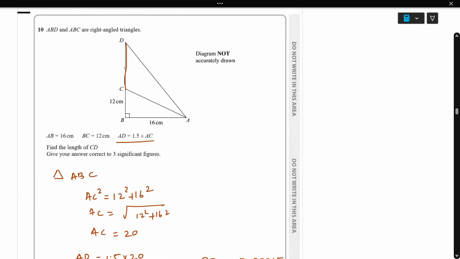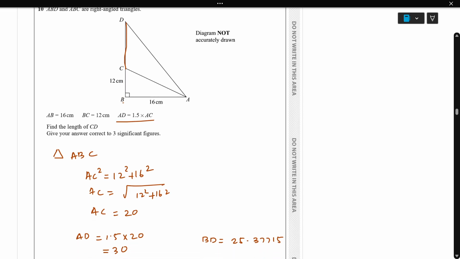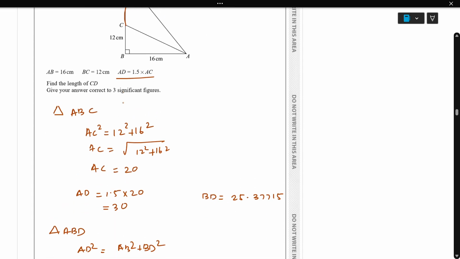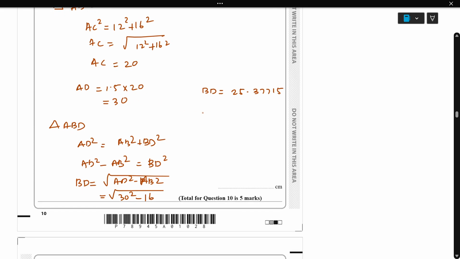So we need only CD. CD equal to the entire length minus the 12. CD equal to BD minus BC.